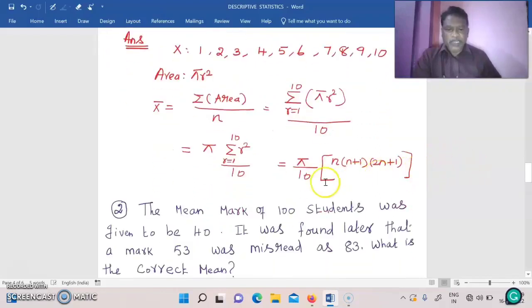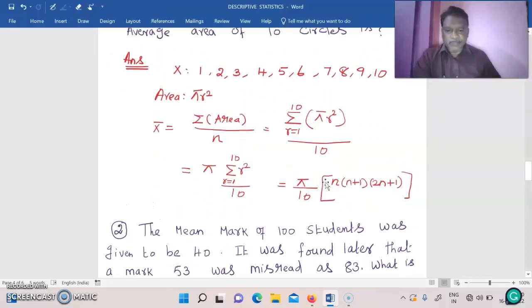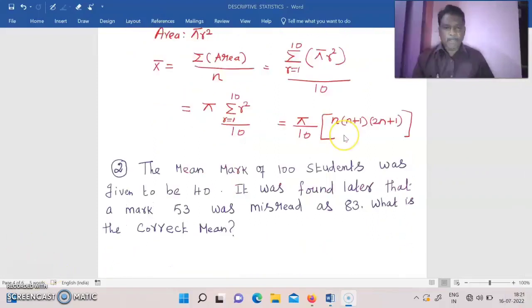So here n is nothing but 10. This 10 and this 10 will be cancelled. 11 into 21 divided by 6, which is equal to 38.5 pi centimeter square. So this is the average of the areas of 10 circles.